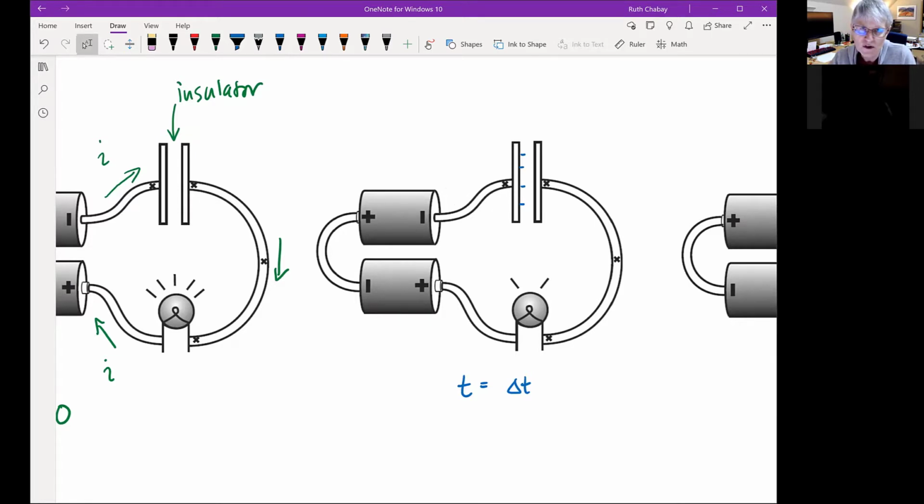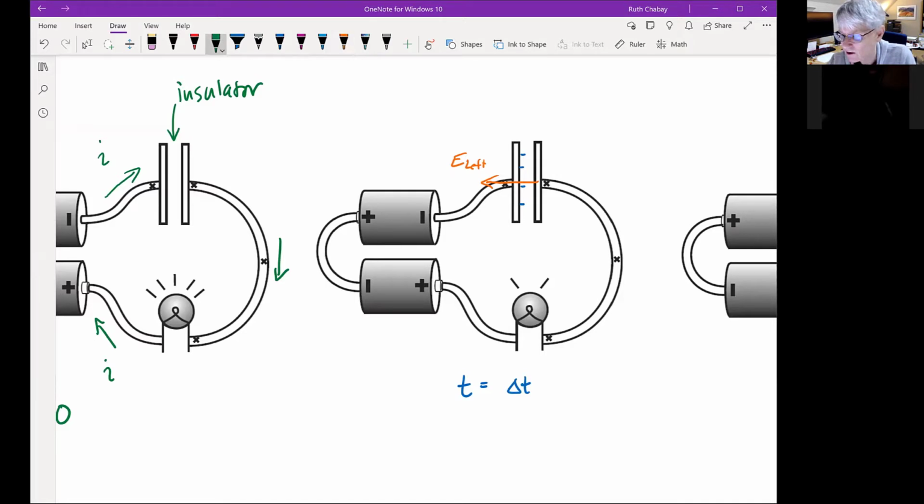It's no longer just the battery, right? And in particular, the electrons over here on this plate are definitely going to feel the electric field due to the left plate, and so they're going to want to be somewhere else.